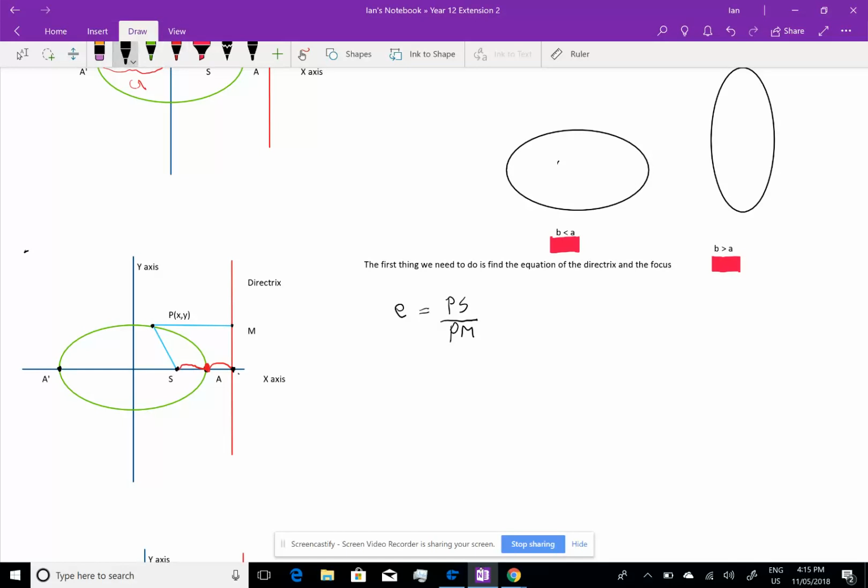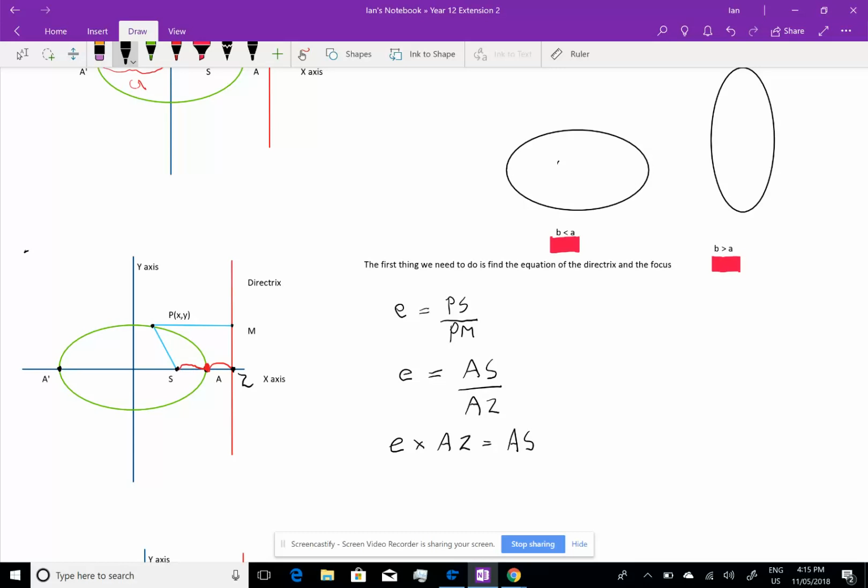Let's call that Z. AS to AZ should be the same. It should have the same eccentricity. So the eccentricity also is AS to AZ. And as a consequence of that, E times AZ equals AS. We're going to use that in a minute.